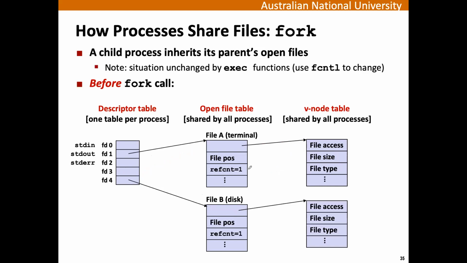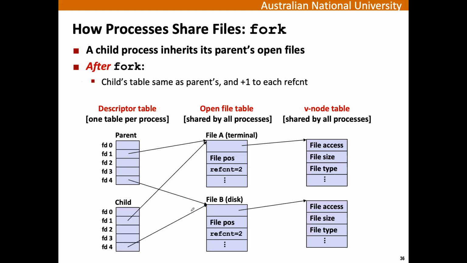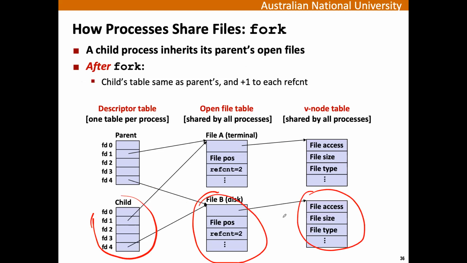So how does this work with fork? A child process inherits its parent's open files. Here is the parent, which has file descriptor 4 open, file B is open. After the fork, the child gets an exact copy of the parent's descriptor table, open file table, and vnode table.